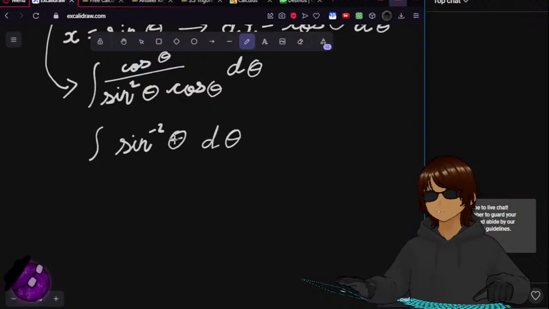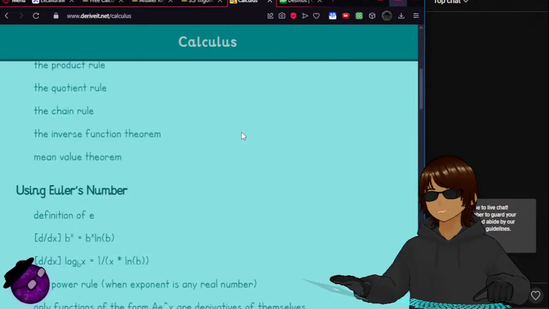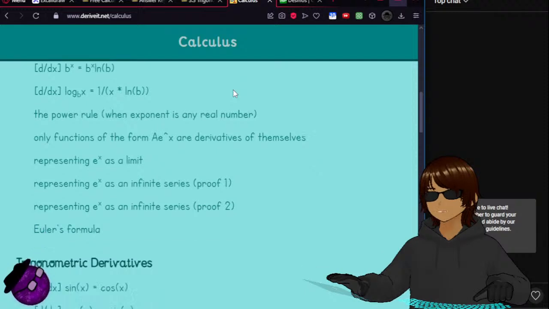Now what about this? Hold on. Sine is 1 over cosecant, right?